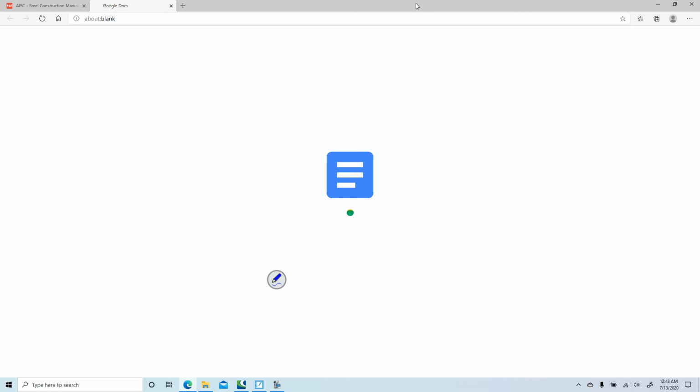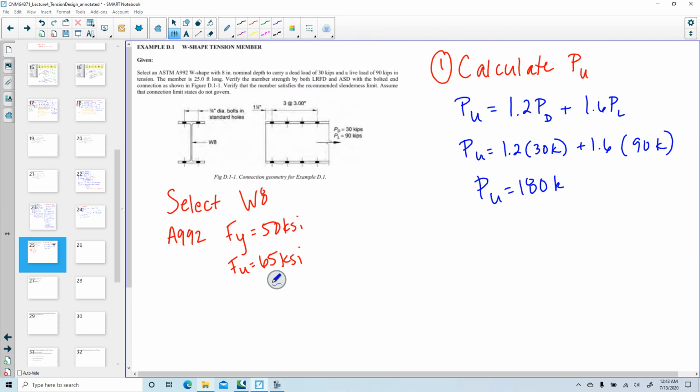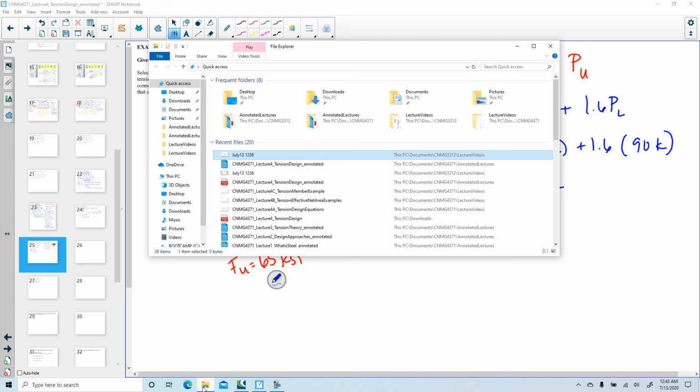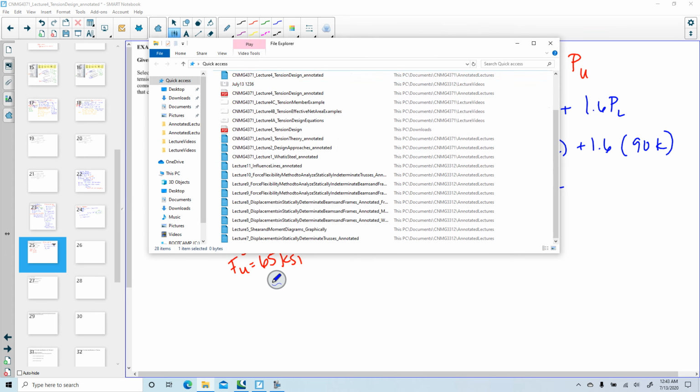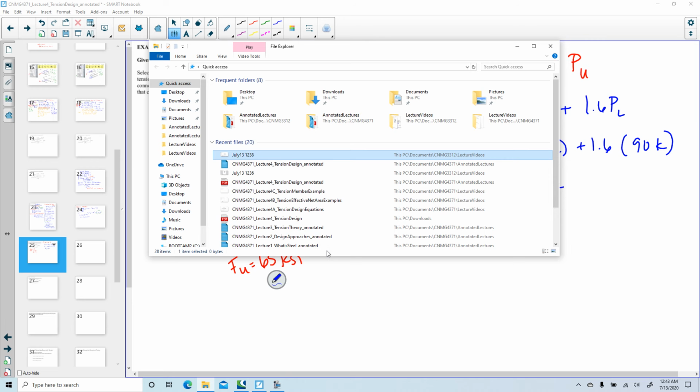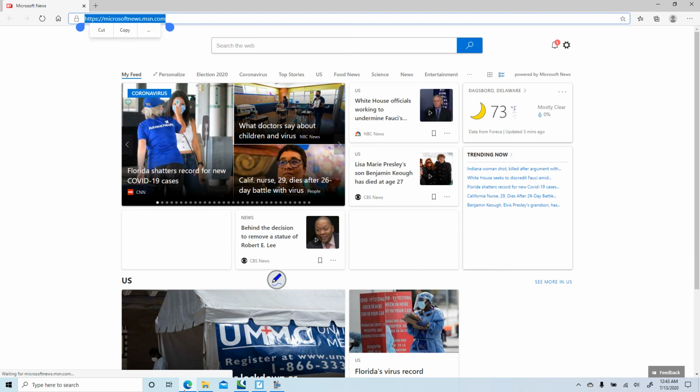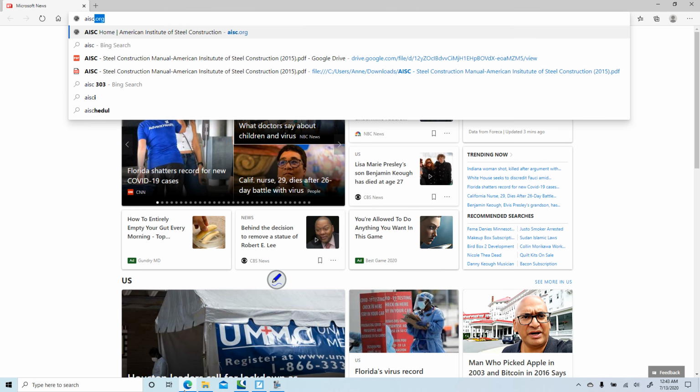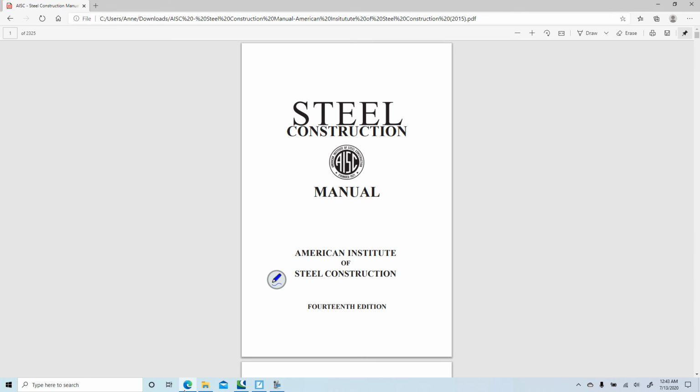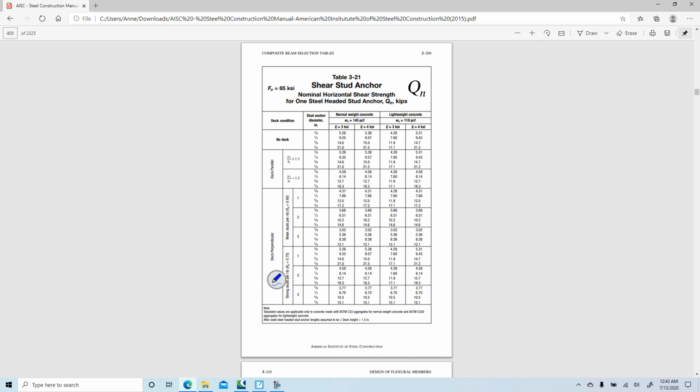I did have that. Oh, it's not there. So, I don't know, let's see, page 400 table.